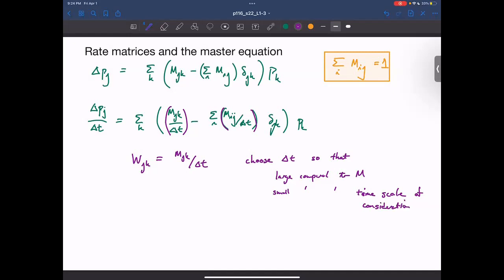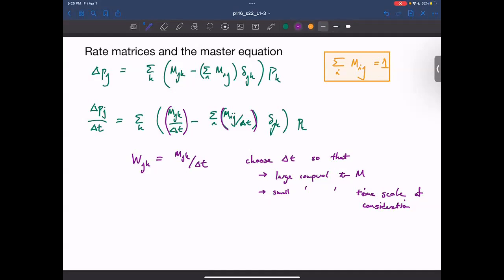Some examples of this might be you have some large object inside of the ocean or inside of a gas, and it's being hit many small times. Every time it's hit, it gets some stochastic change in what direction it's moving. You can imagine that being a transition from one direction to the other. That would be described by M_JK if it's a probability of transitioning, and it would be described by W_JK if it's the rate of transitioning.